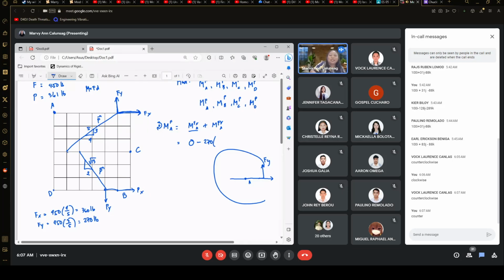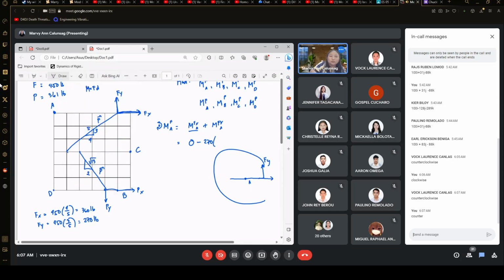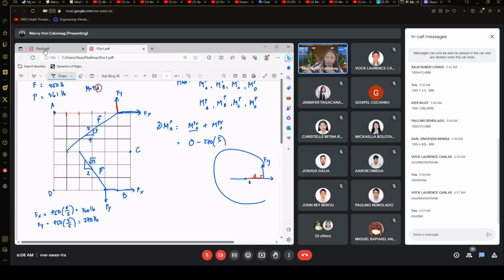Let us count from Fy: 1, 2, 3, 4, 5. So it is 5 counts. This is the perpendicular distance, class, the d that we need to find. So, 5 units, times 5.